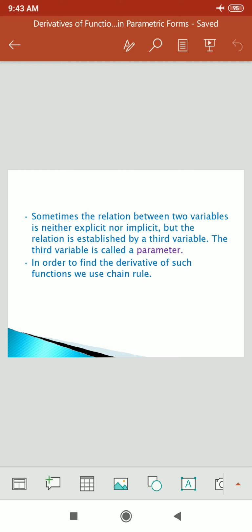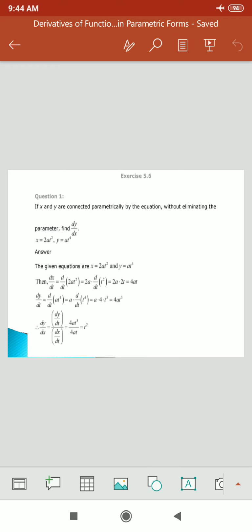Now we are going to solve some questions of our text, that is of our exercise 5.6. Okay, we have to simply use chain rule.